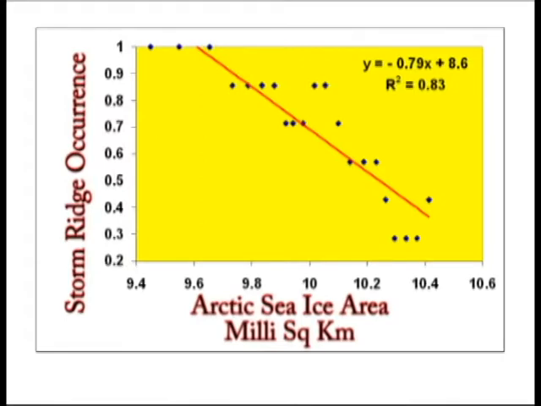Numeric analysis proved the reduction of Arctic sea ice area increases the storm ridge occurrence. When the sea ice area reduces to 9.7 million square kilometers or less, the ridge will certainly be formed.